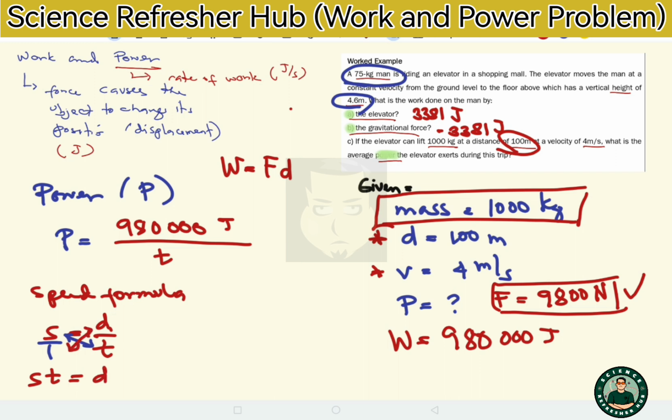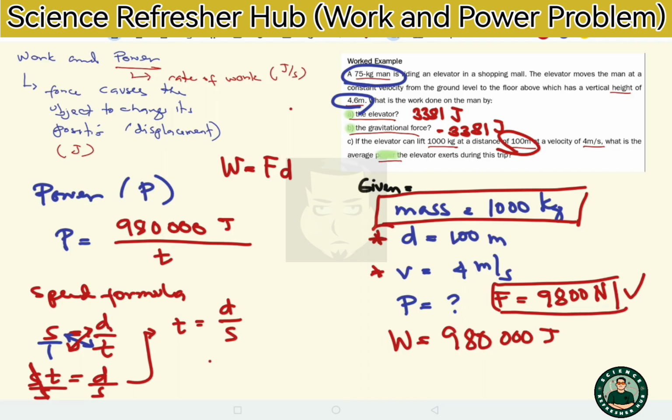That's displacement. To isolate the time, we will divide both sides of the equation by s. So we can cancel s, and we have time is equal to distance over s.